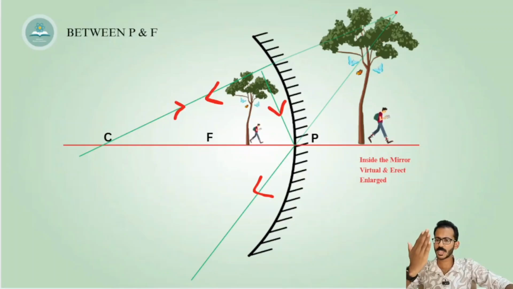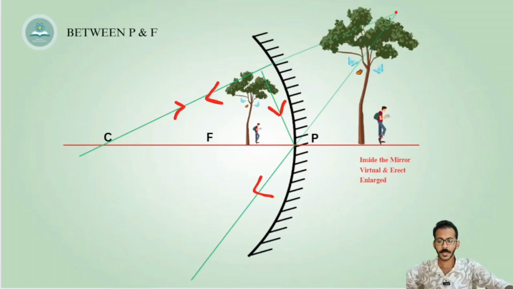When we keep the mirror very close to our face, we'll be able to see our own highly enlarged image. If we place the concave mirror very close to our nose, we'll see an enlarged nose. Once we place it far away, we won't be able to see it like that. Because in all those cases, we'll be getting the real image on the screen. If you place a screen here, we'll be able to get the image.